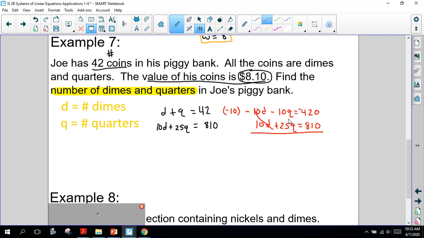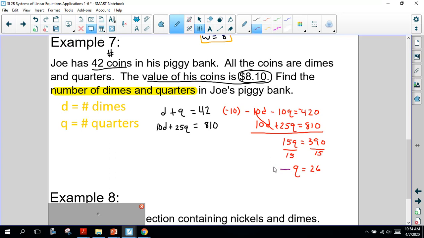The negative 10Q and the 25Q give me 15Q. When I put these together, negative 420 and positive 810 is 390. So to solve this, we divide by 15 on this side as well. And Q, which represents the number of quarters, ends up being 26. So the number of quarters is 26.